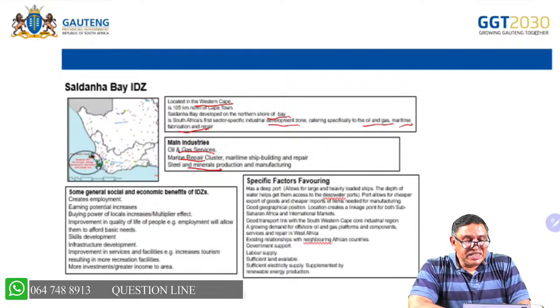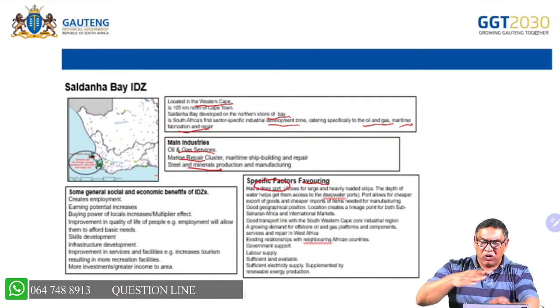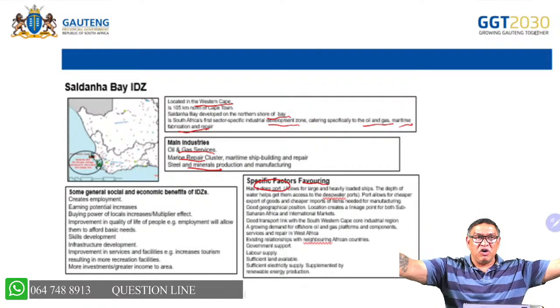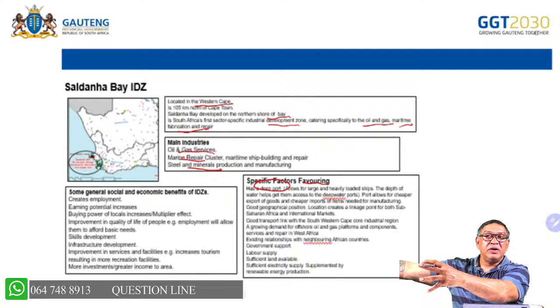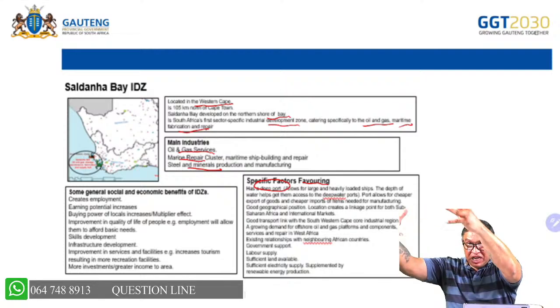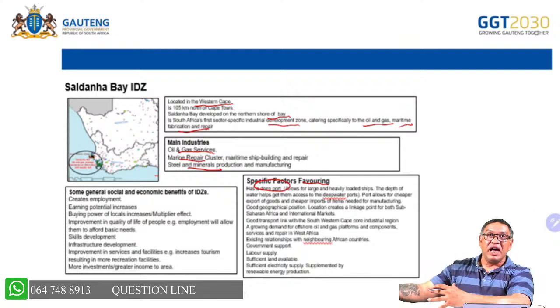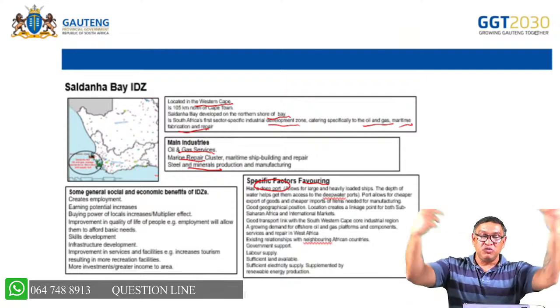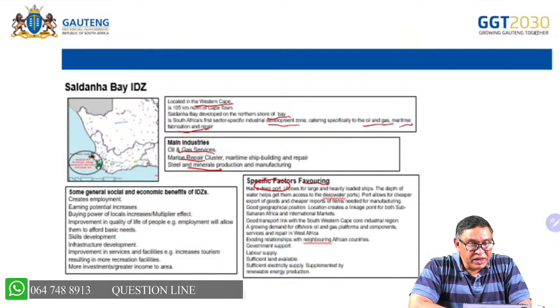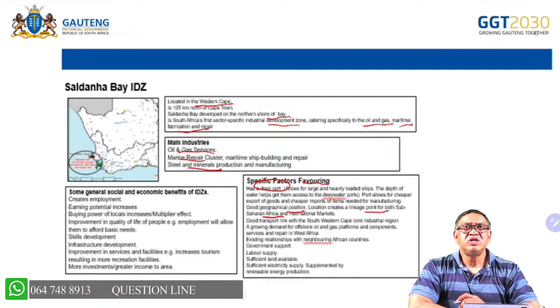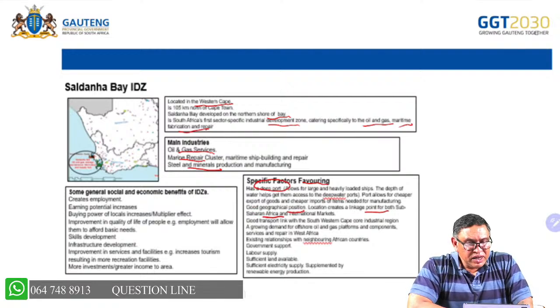Okay, factors favoring: deep water port. What's a deep water port? It's a deep area which allows for larger ships to come in. Okay, and these ships can carry larger cargo out of the area or bring in larger cargo. So one ship carries more. Good, all right. Good geographical position, located at the point of sub-Saharan Africa, which is good, all right.